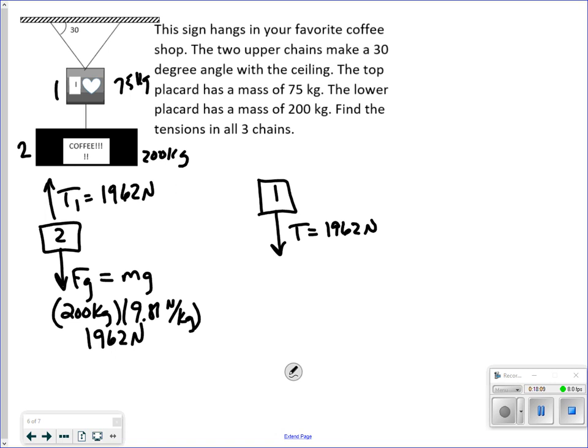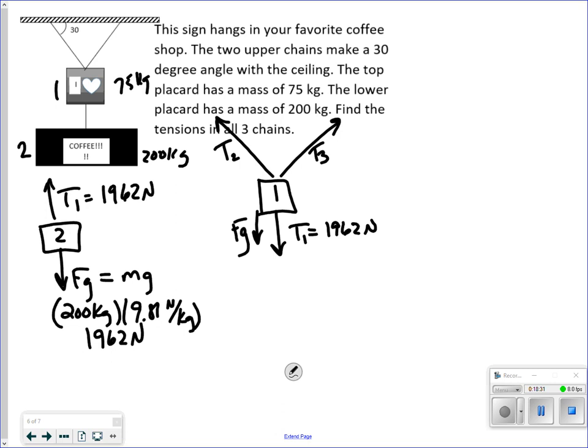Now, we also have Fg for number 1, but I'm putting it over to the side because I'm running out of room. And then I've got these 2 tensions. Let's call that 1, this one will be 2, and this one will be 3.